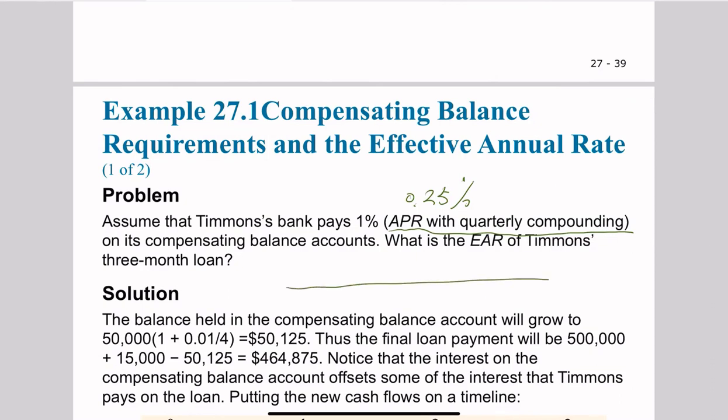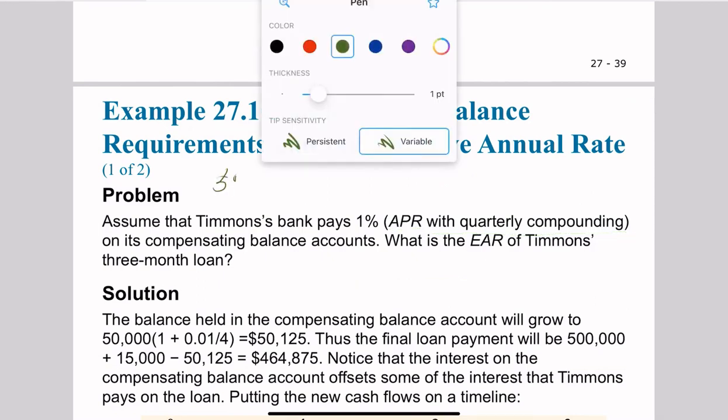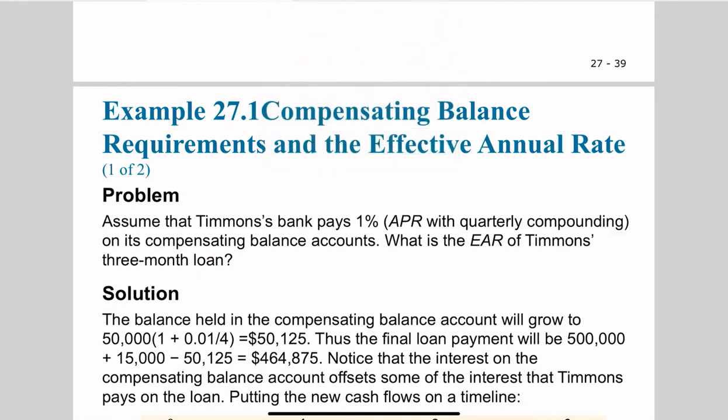The calculation would roughly be the same. Remember that we have a loan amount of $500,000. And the firm needs to put 10% of this amount as compensating balance. So the actual proceeds the firm can get from the loan is $450,000.